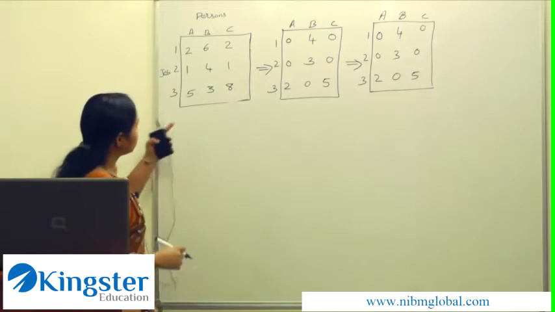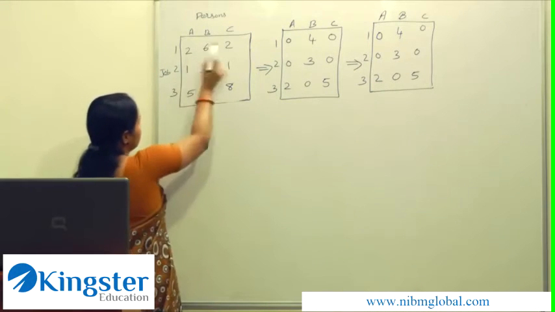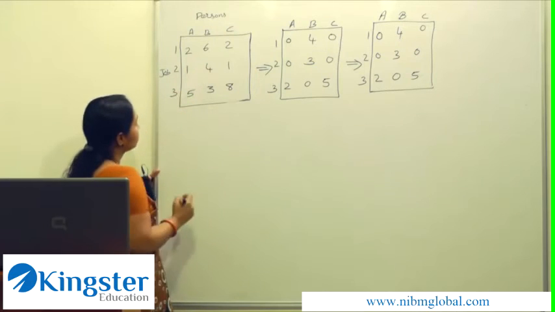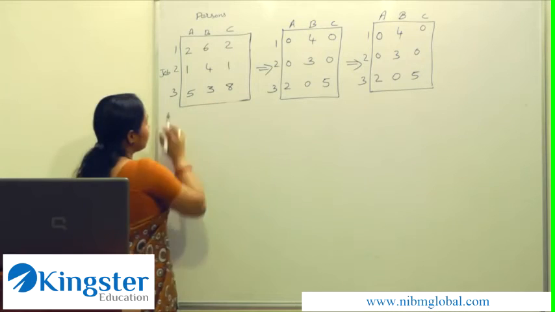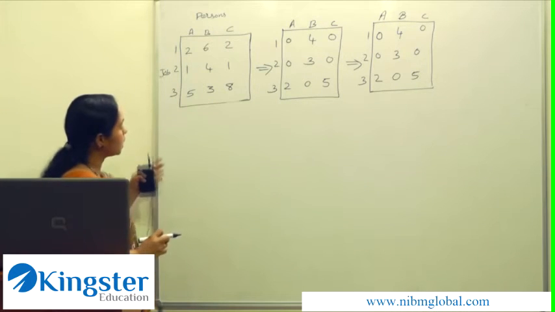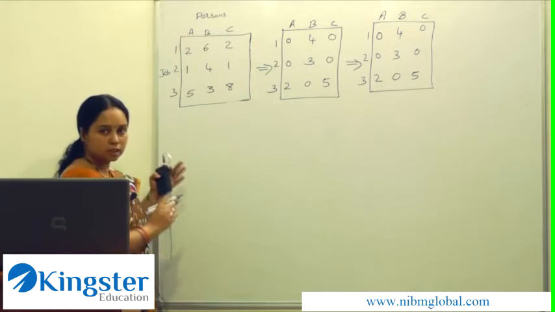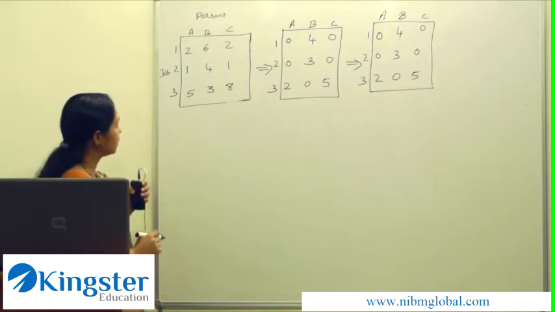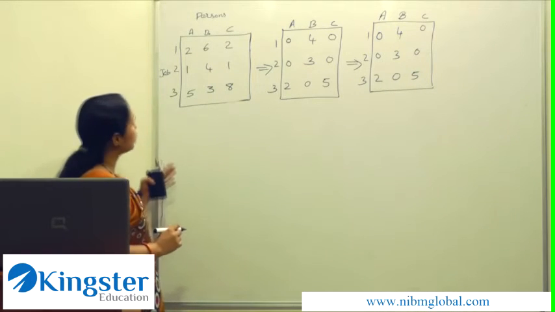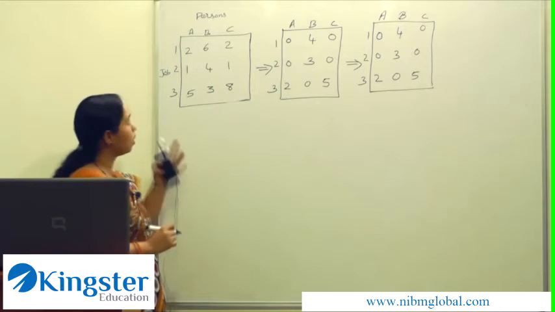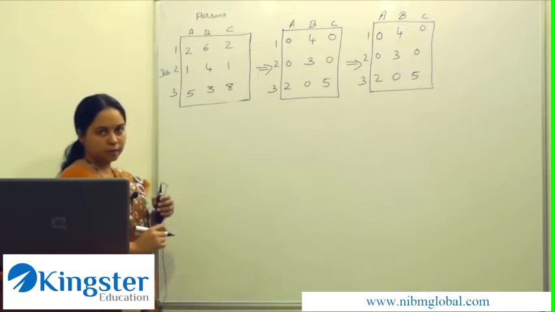Now consider this problem with the 3 persons and 3 jobs to perform. We have to find the assignment cost and assignment schedule of this problem. That is, what is the assignment schedule that will minimize the total cost of performing all the 3 jobs by 3 persons.